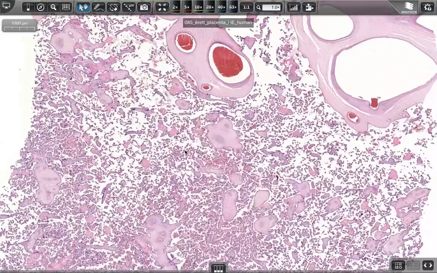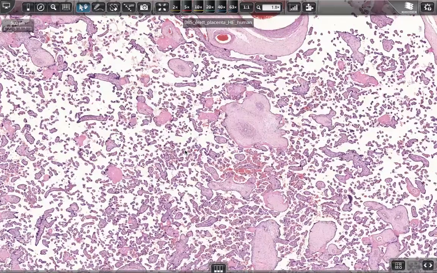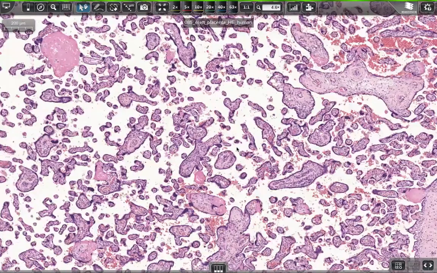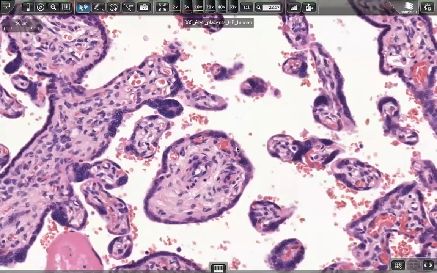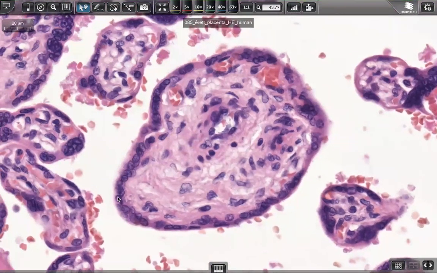Now let's see the villi here. I told you we have 3 types of villi, and definitely in the full-term placenta, we have only tertiary villi, so the well-developed villi, having trophoblast layers, mesenchymal core, and fetal vessels. So I choose this one. This is a proper cross-section. So these are the syncytiotrophoblasts.